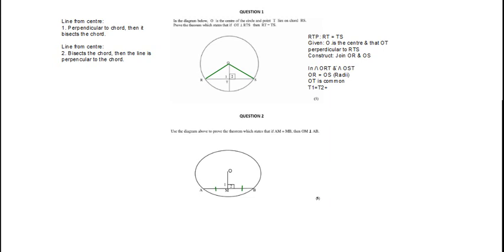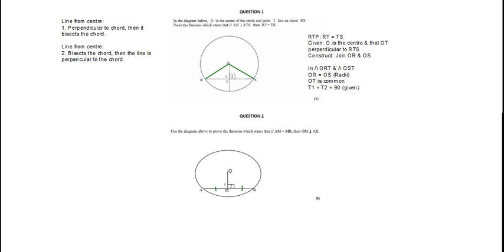They are both equal to 90 degrees. We were told that OT is perpendicular to RTS, so this was given.